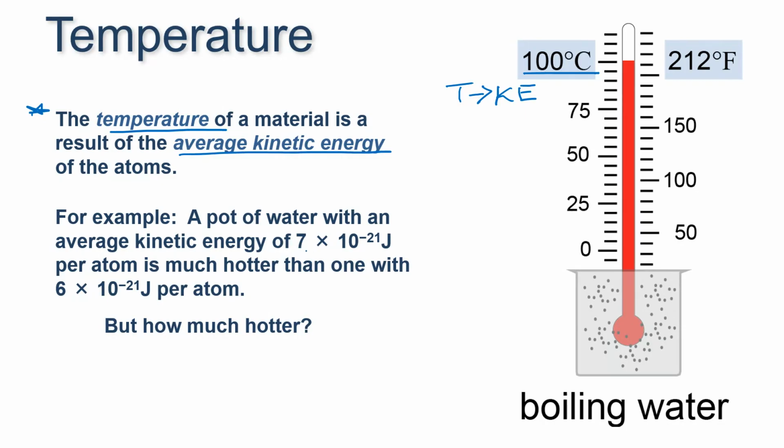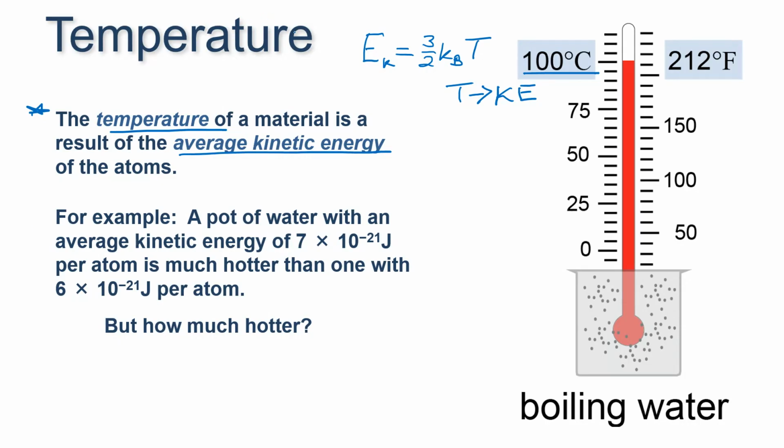Okay? And that relationship is the example that we had before, where this is called the average kinetic energy or the thermal energy, which was 3/2 times kB, Boltzmann's constant, times the temperature in Kelvin.